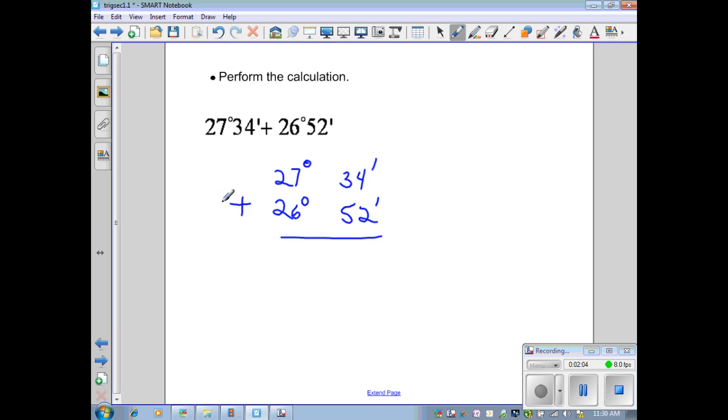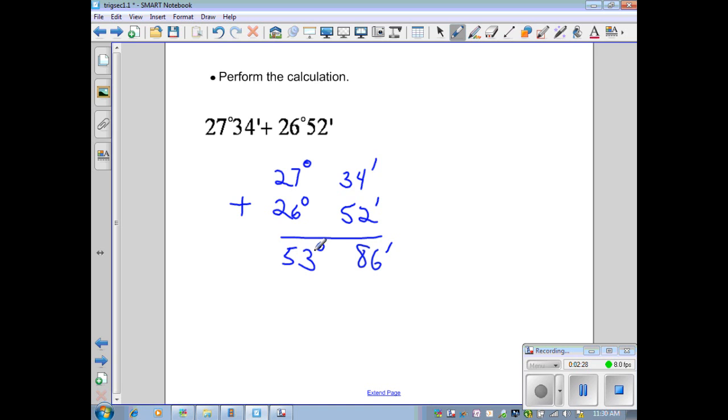I want to remind you that we need to stack the units over the correct units. So here we have stacked 27 degrees over 26 degrees, 34 minutes over 52 minutes. Then we just add them as normal. To the right, we're going to have 86 minutes. And for our degrees, we're going to have 53 degrees.